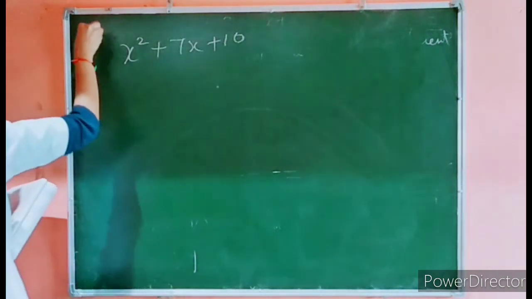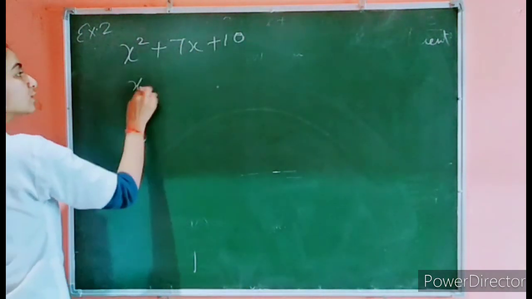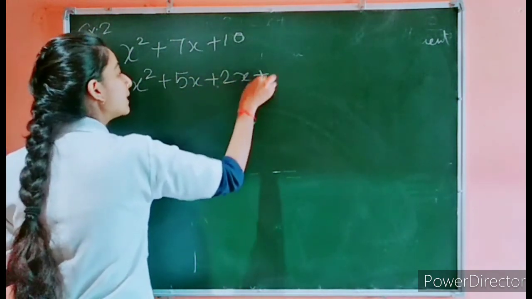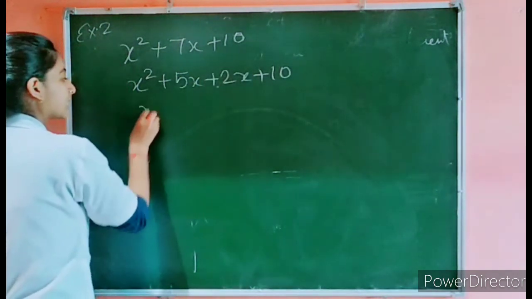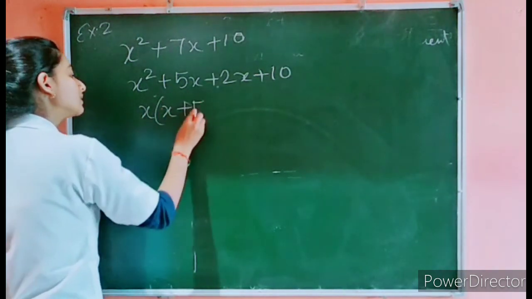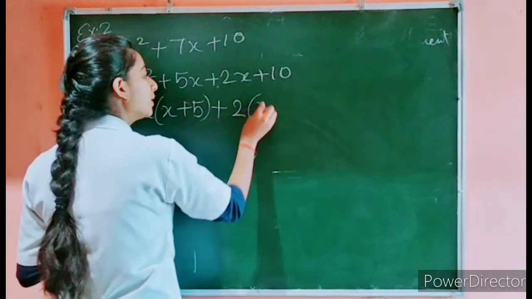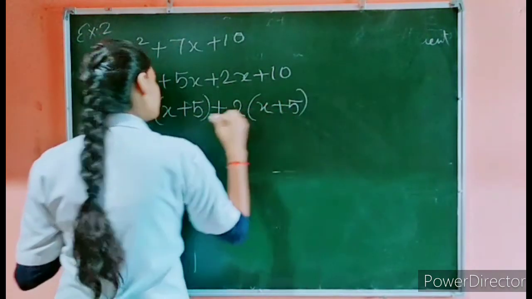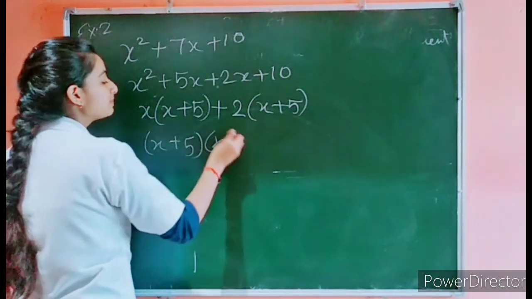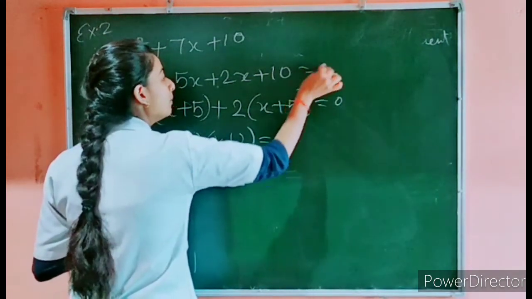Now we factor this: x square plus 5x plus 2x plus 10. X is common, x plus 5. Now 2 is common, x plus 5. So x plus 5 and x plus 2 are the factors.